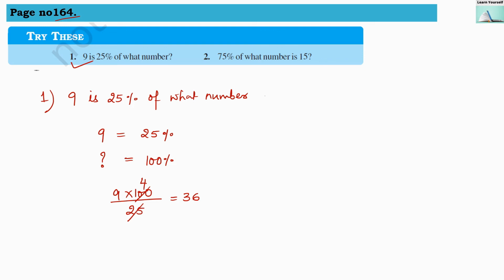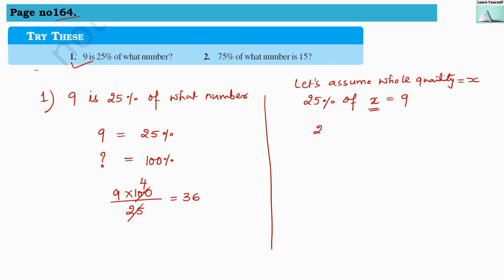Now let us do it another way: 25% of x equals 9. We are assuming that the whole quantity is x. So let us convert the percent into a fraction. 25 divided by 100, of, we are converting into multiplication, into x equals 9.